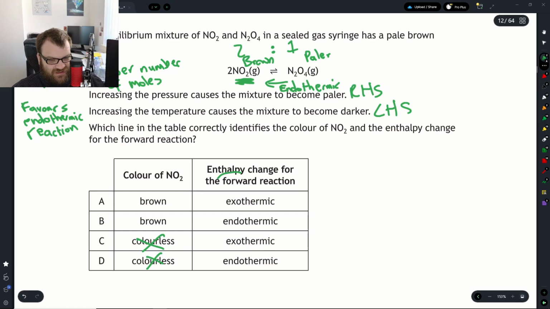We are asked, crucially, about the forward reaction. The backwards one is endothermic, so the forward reaction has to be exothermic. And that would be favoured by decreasing the temperature. So A is our correct answer in this question.